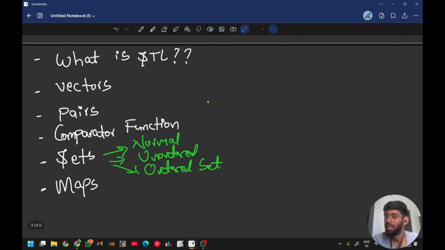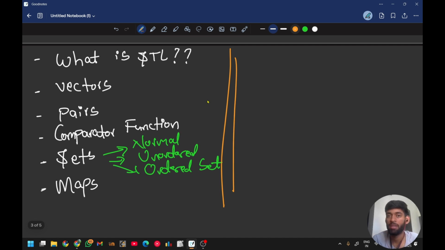But let me tell you, this much content is not enough. One has to also get a pretty good idea about some functions that STL provides, so let me quickly mark them out.